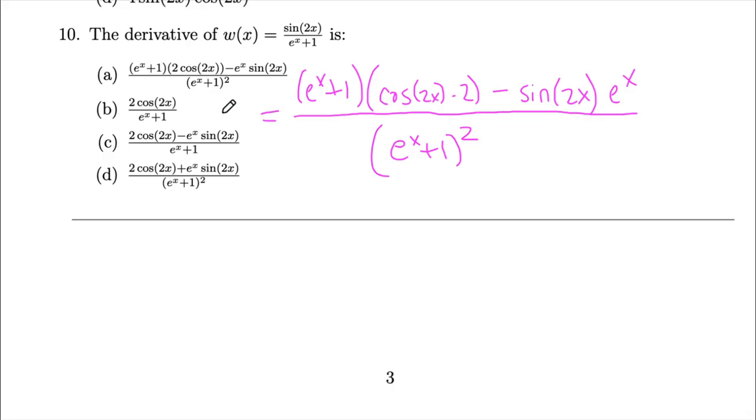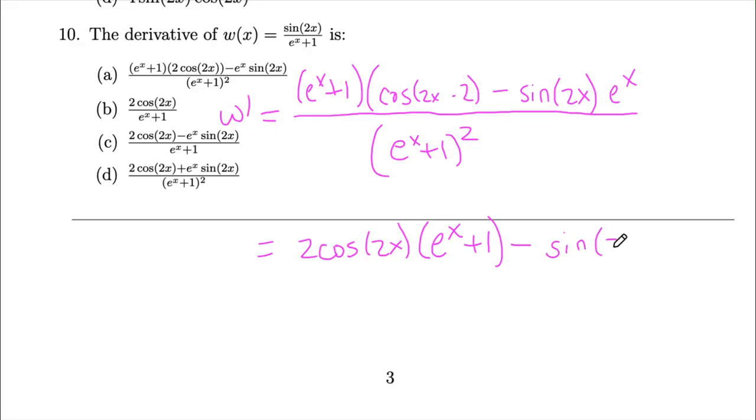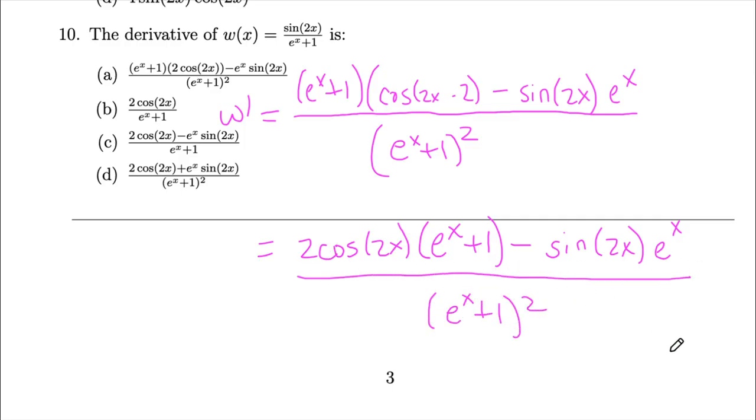And of course, this is equal to w prime. Okay, now we just have to clean this mess up. So in our numerator, let's rewrite this term first. We're going to have 2 cosine of 2x times (e to the x plus 1) minus sine of 2x times e to the x, and that's all over (e to the x plus 1) squared.